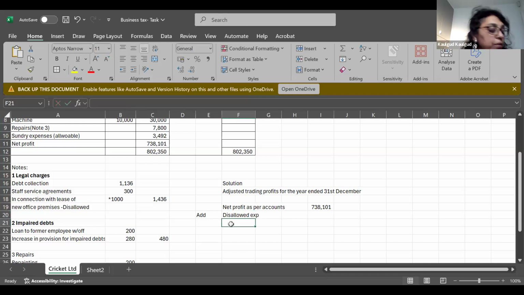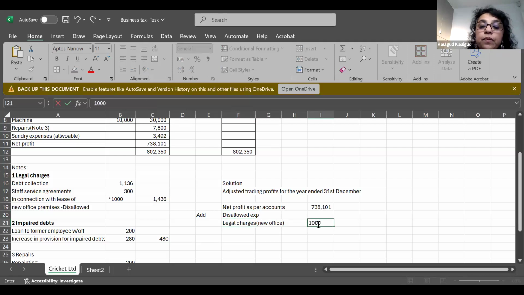I will list them one by one below. Okay, so legal charges for new office. That is disallowed, so I'm going to put 1,000 pounds here.